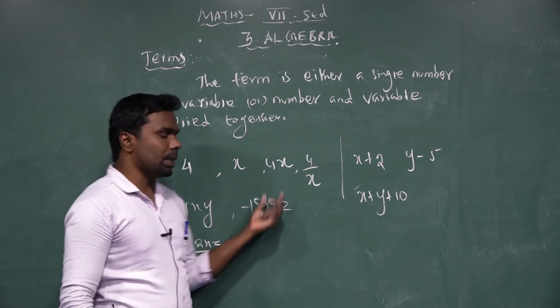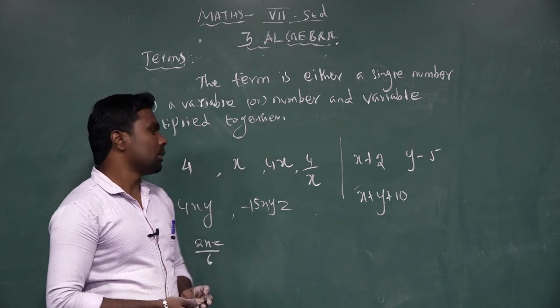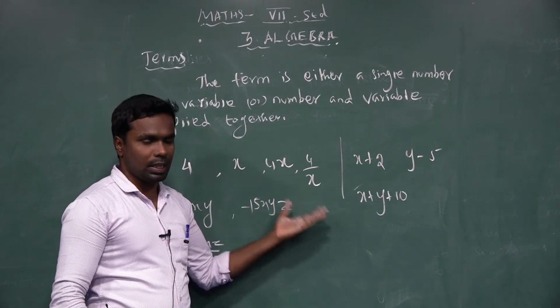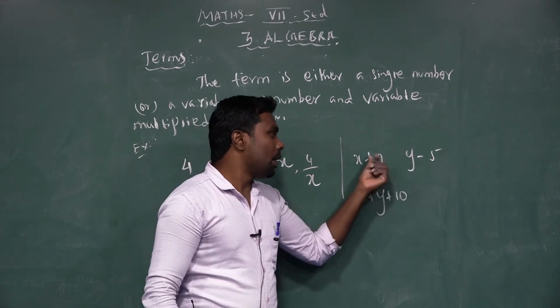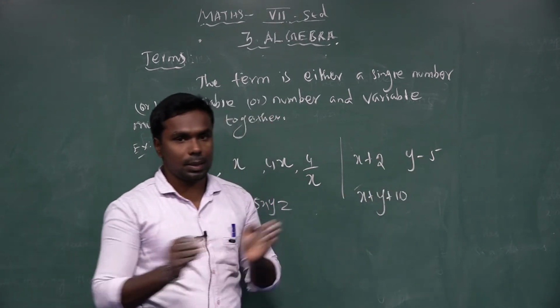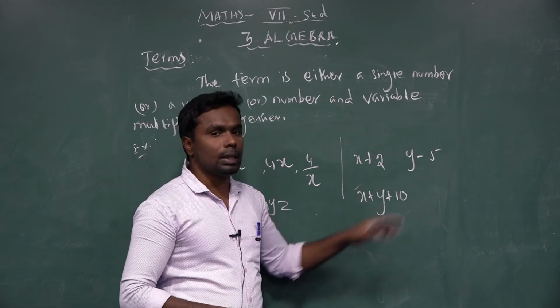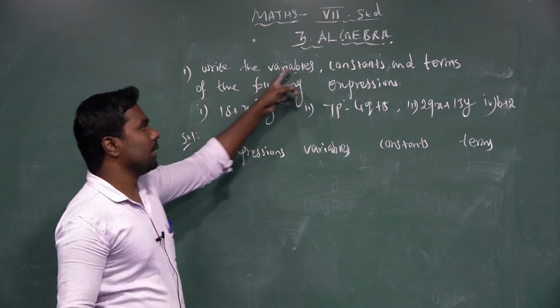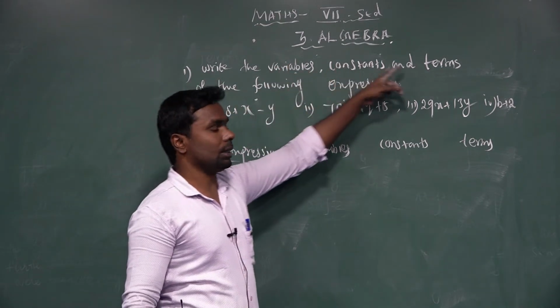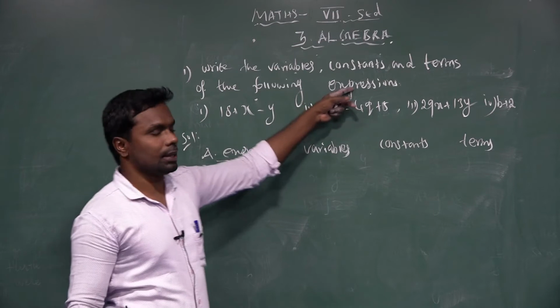So when you use multiplication and division, which do not separate the terms, it is considered a single term. But when we use addition and subtraction, which separate the terms, we get 2 terms or 3 terms or 4 terms.